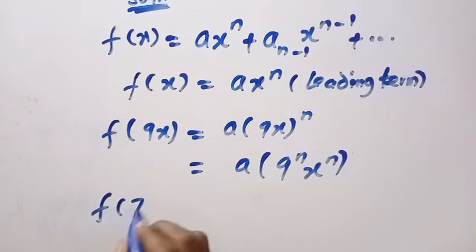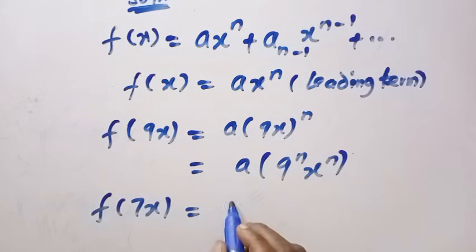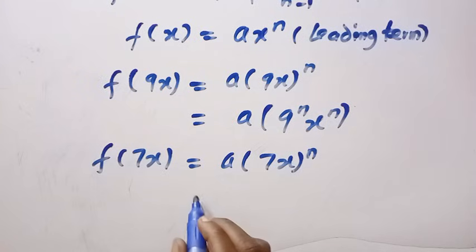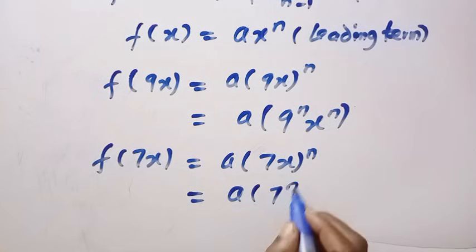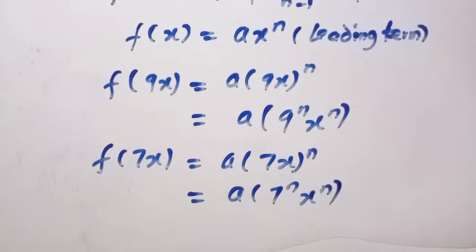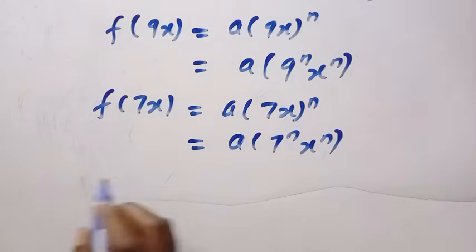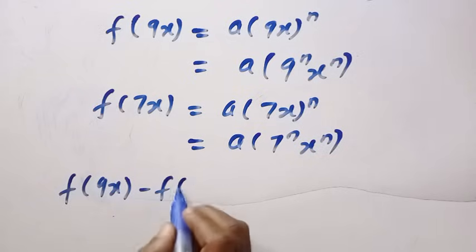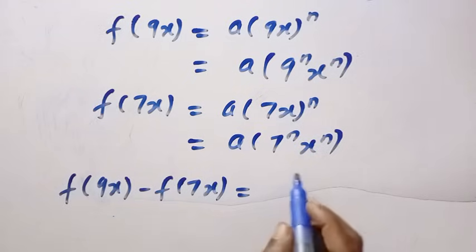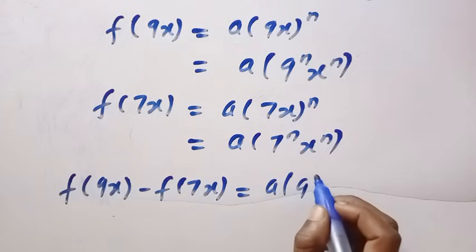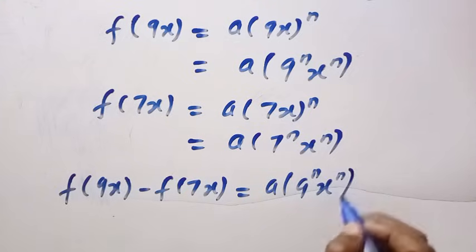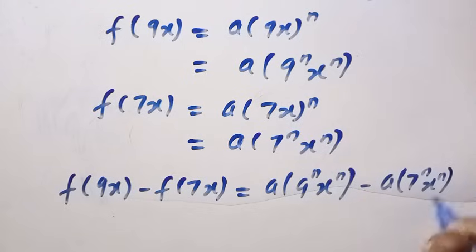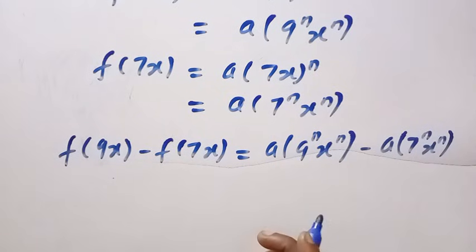For f of 7x, this equals a times bracket 7x raised to power of n, which gives a times 7 power n, x raised to power of n. If I subtract these from each other, f of 9x minus f of 7x equals a times 9 raised to power n, x power n, minus a times 7 power n, x power of n. So this is what we have.